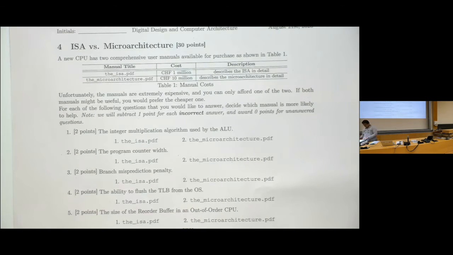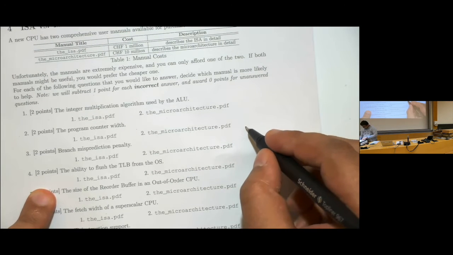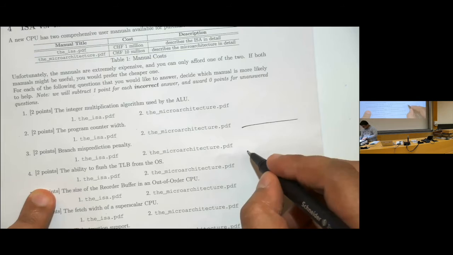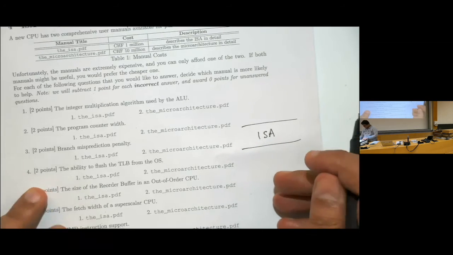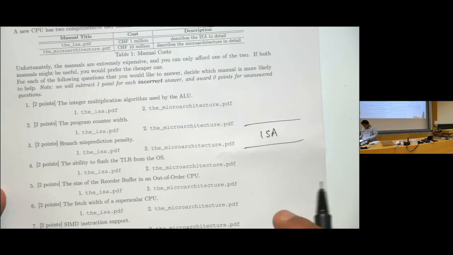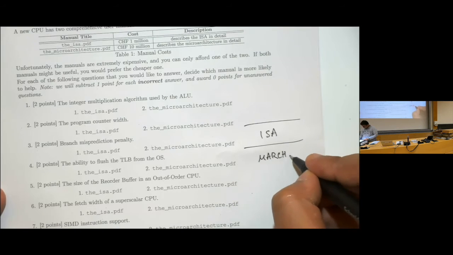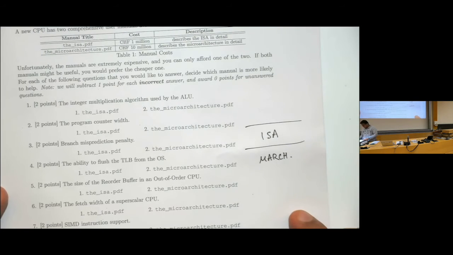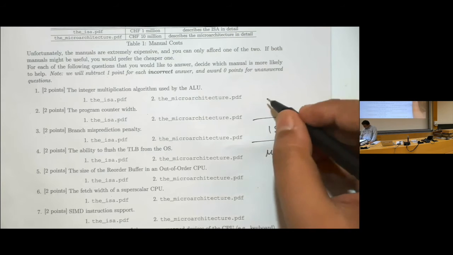So let's look at a very simple diagram of where ISA sits. ISA is like an interface between the programmer and the hardware, or the microarchitecture. It gives a kind of model for the programmer to understand the processor and its workings.